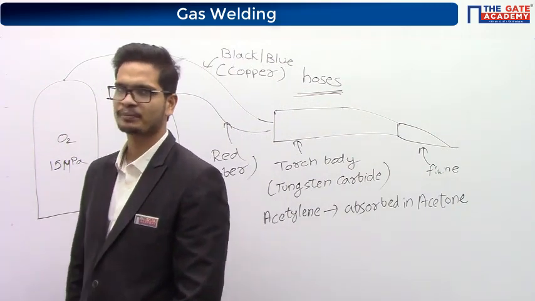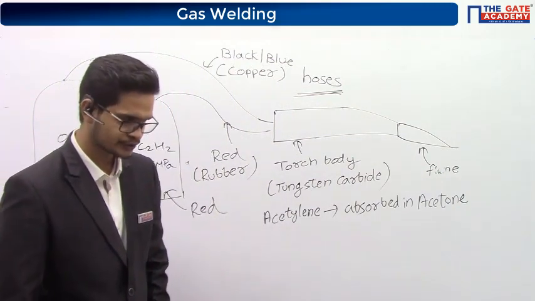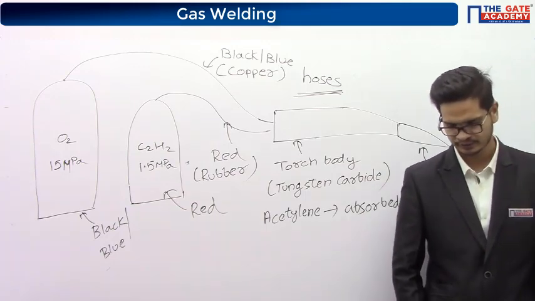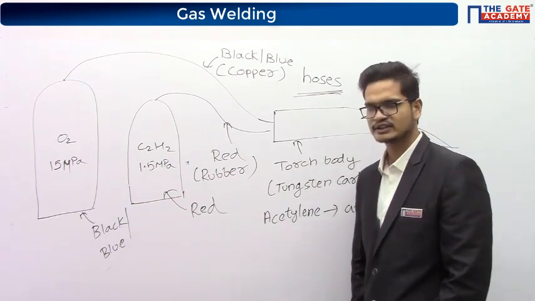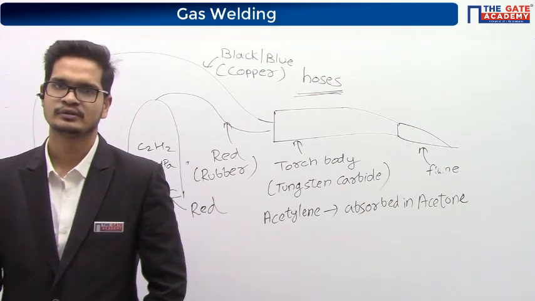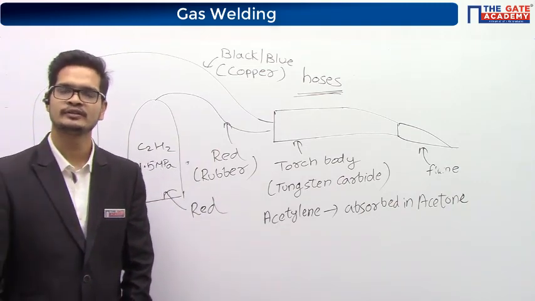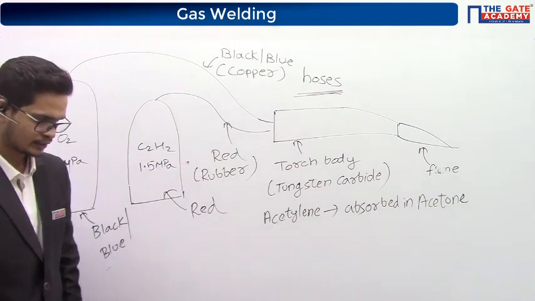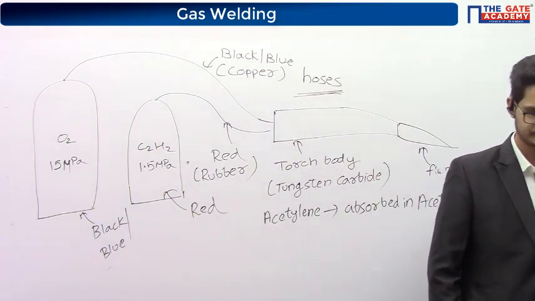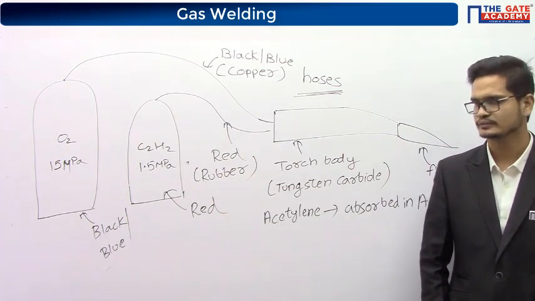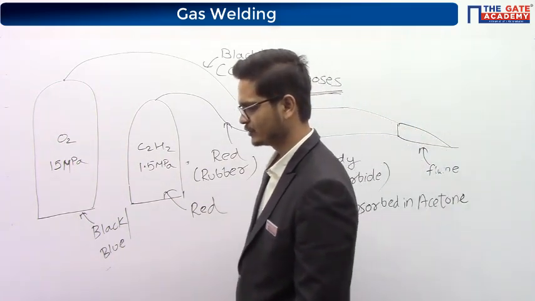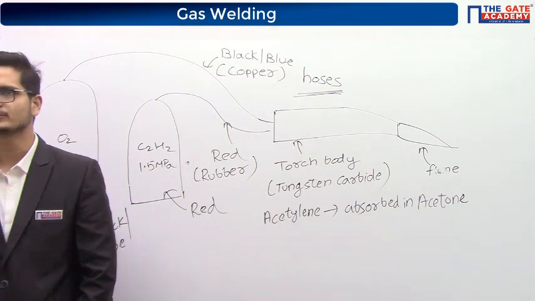Hence copper is not used as the hose material for the acetylene cylinder. And instead rubber will be used.